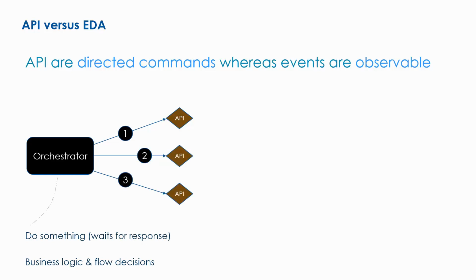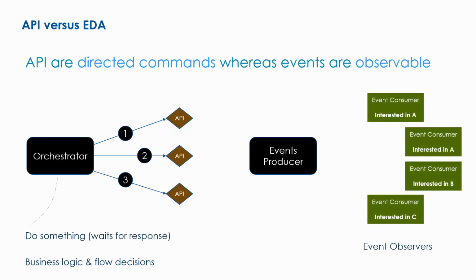In the case of EDA, the orchestrator is replaced with event producer and event consumers. These event consumers are the observers of the events which are produced by the event producer. One big difference between these two architectures is that the event producers and event consumers all have business logic and are responsible for achieving the desired results from the business process.